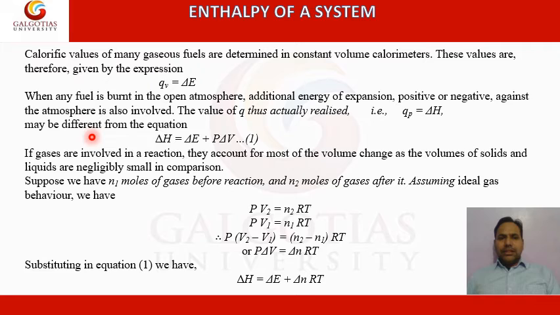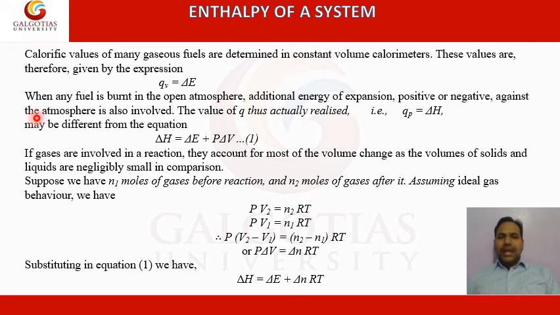The calorific values of many gaseous fuels are determined in constant volume calorimeters. These values are therefore given by the expression QV is equal to delta E, where Q subscript V means constant volume.